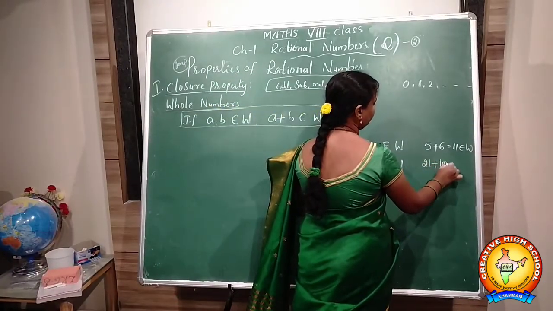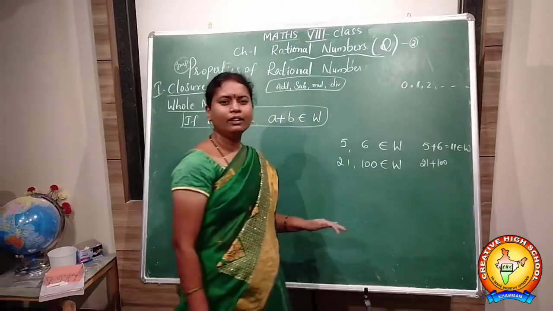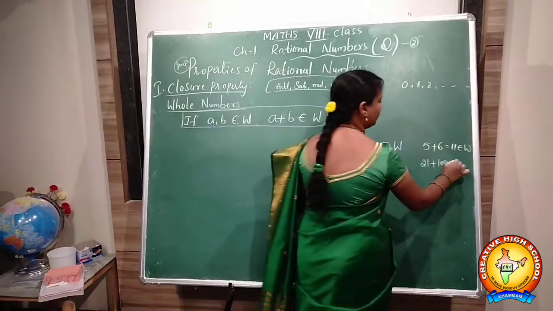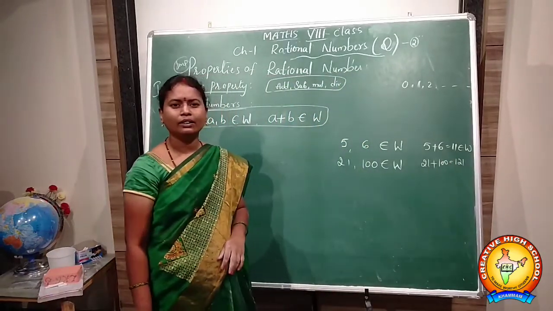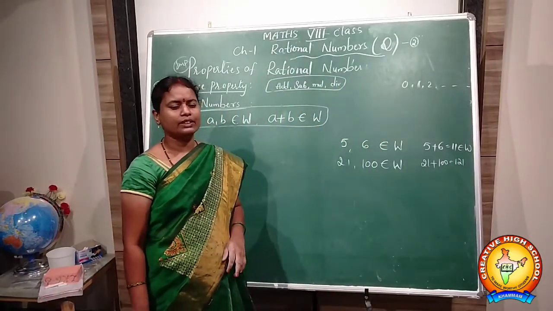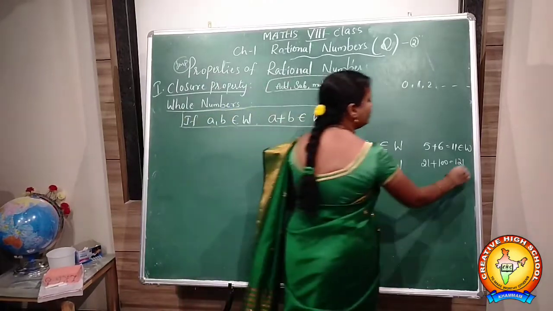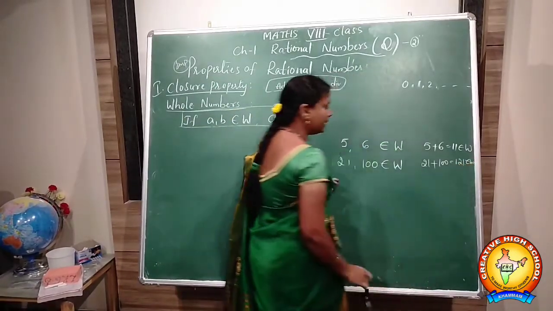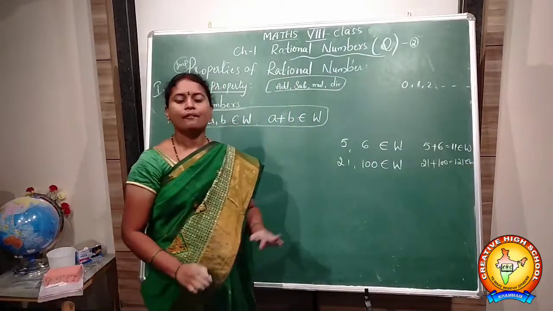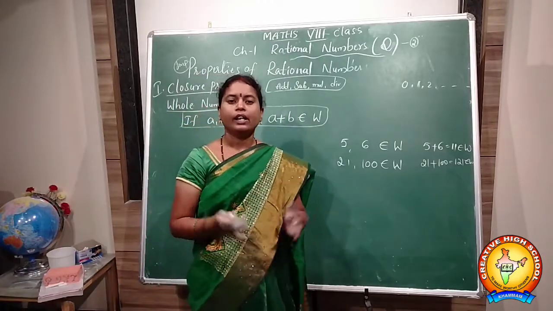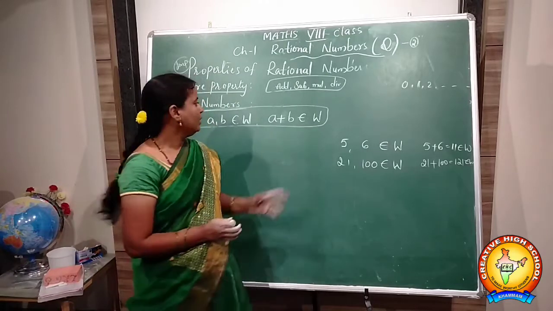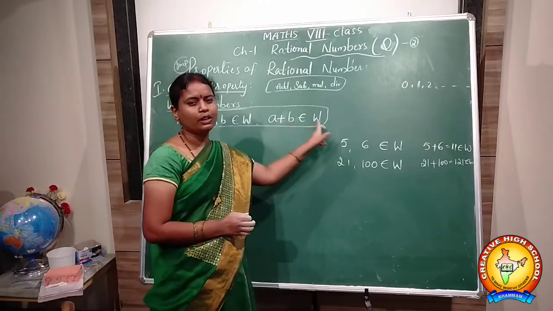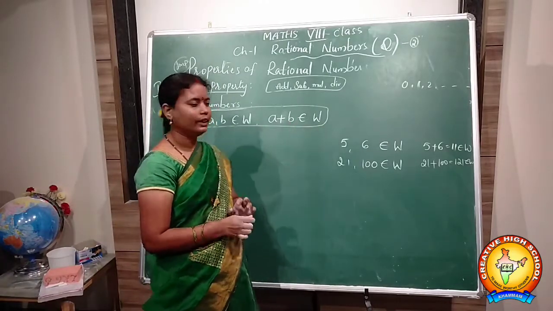21 plus 100 is 121. Is 121 a whole number or not? Yes, 121 is also a whole number. So by observing these two examples, we can conclude that if two numbers are whole numbers, their sum also belongs to whole numbers.